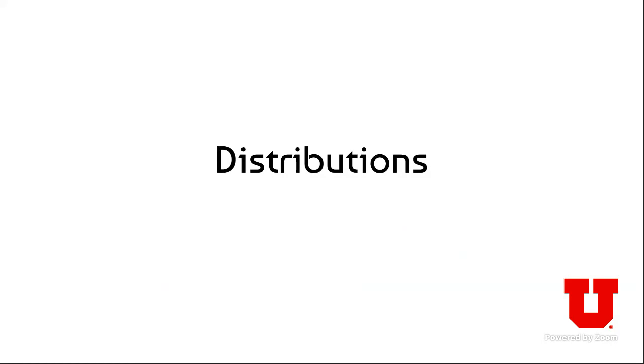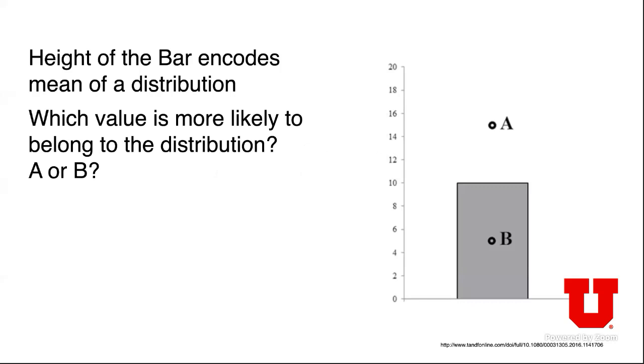Okay, so I want to move on to visualizing distributions, because that can be something that is especially tricky. So here in this particular picture, the height of the bar encodes the mean of a distribution. Which value is more likely to belong to the distribution A or B? Let me just quickly do a poll.